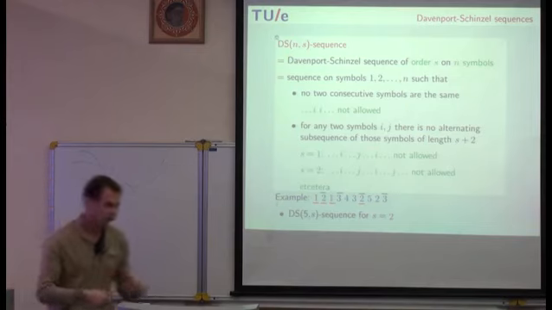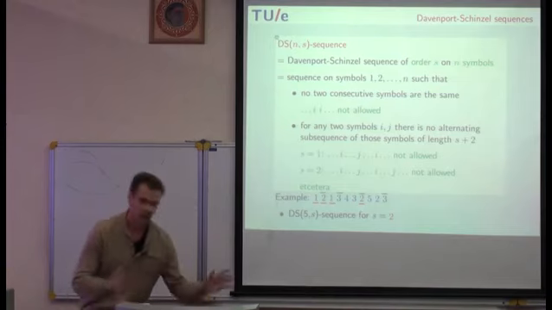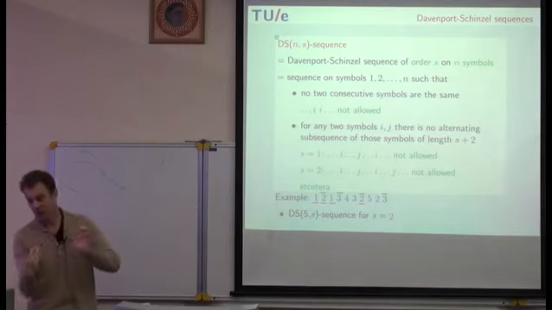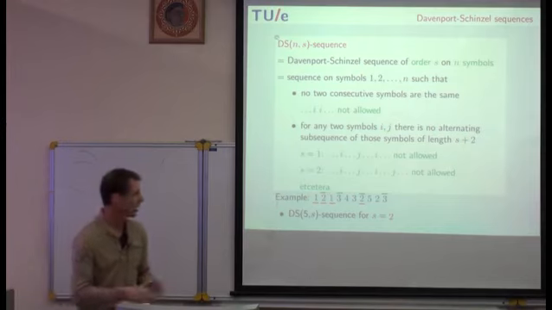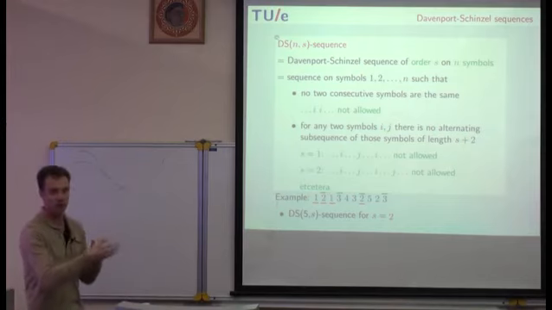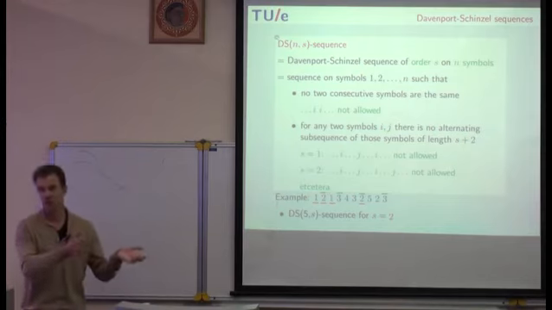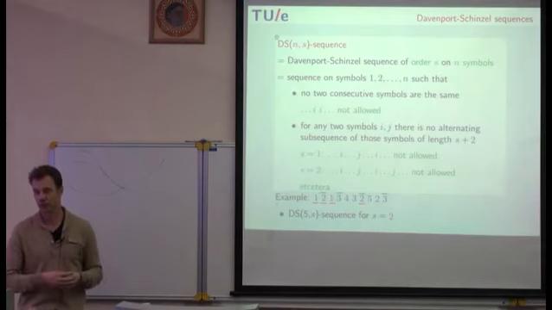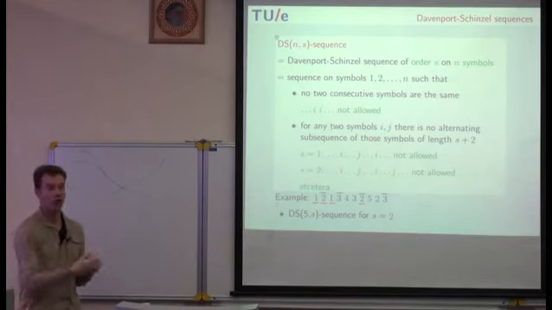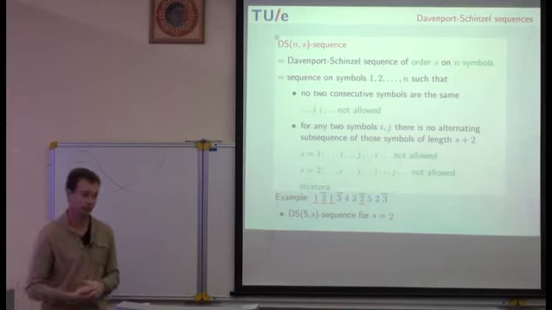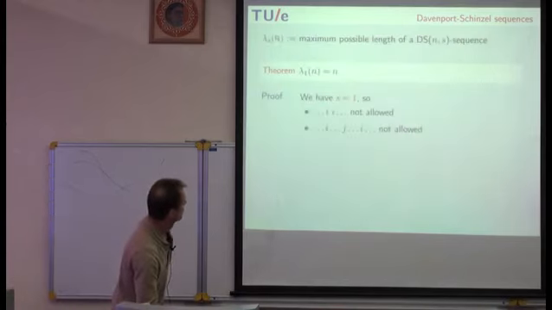Later we'll see how you can use this for upper envelopes, but for now just think about a sequence of numbers. This sequence has certain properties, and the question is how long can this sequence be?